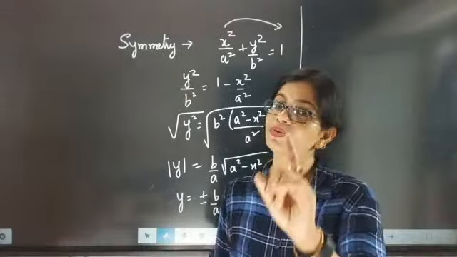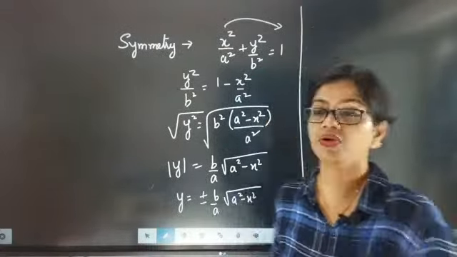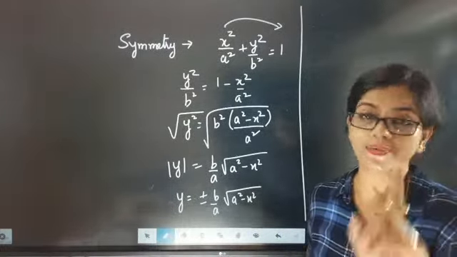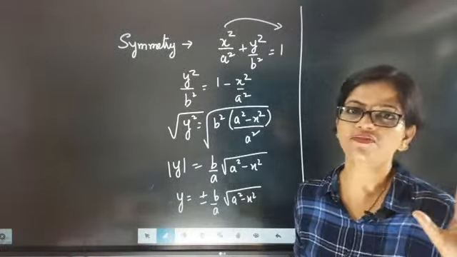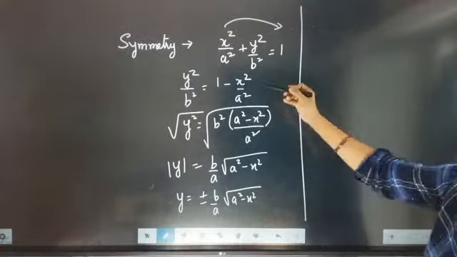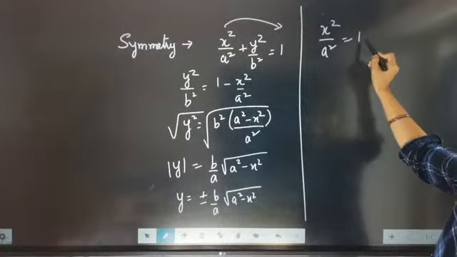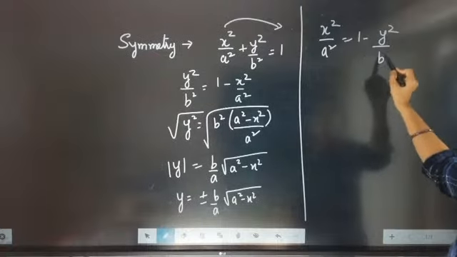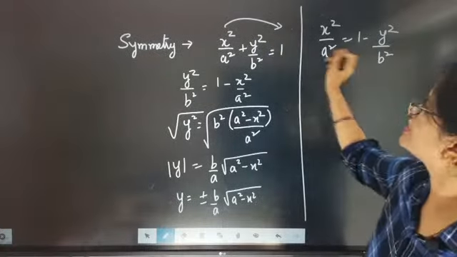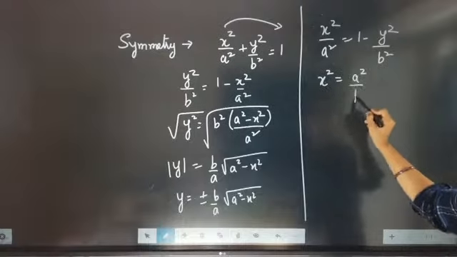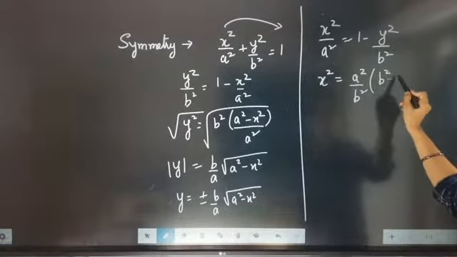So one thing to be noted, here there are two values of y, one positive value, one negative value. Okay. Now same thing if we do, x square by a square will be equal to 1 minus y square by b square. This time we shifted this one that side. So now x square will be equal to a square by b square, here b square minus y square.